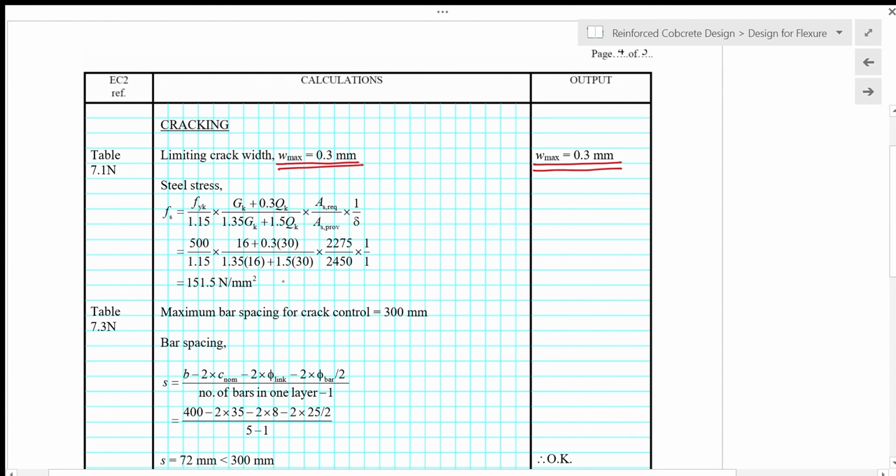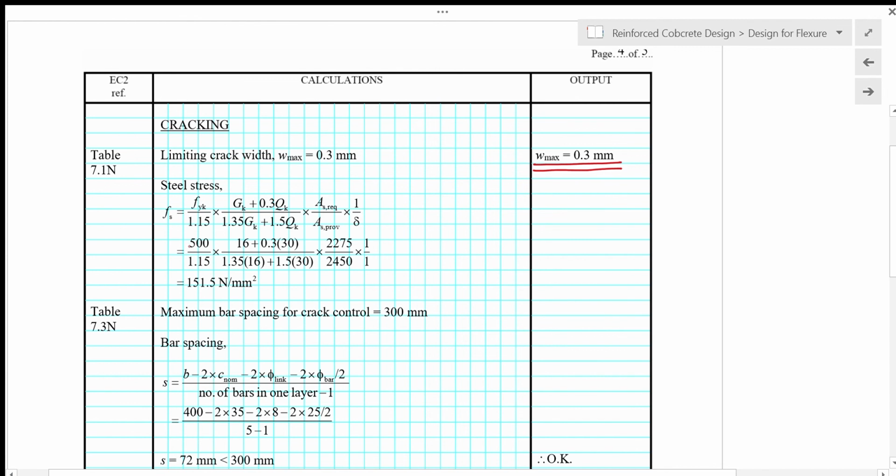Sometimes we do not consider this value, so it's optional. In the design guidebook, you don't have the AS required over AS provided term, so it's okay if you do not consider this term as well. But in this particular example, I would like to consider it. And for the moment redistribution consideration, we ignore it.